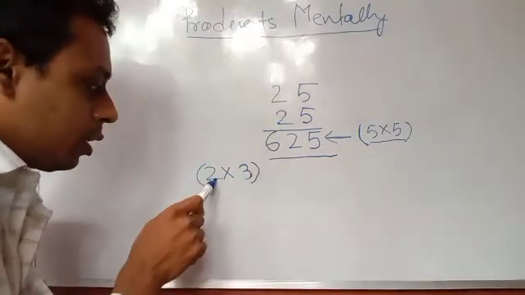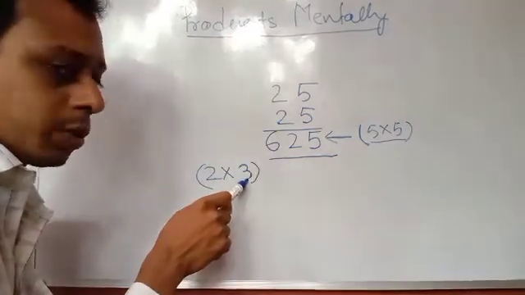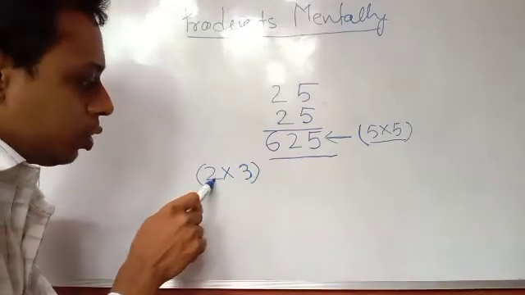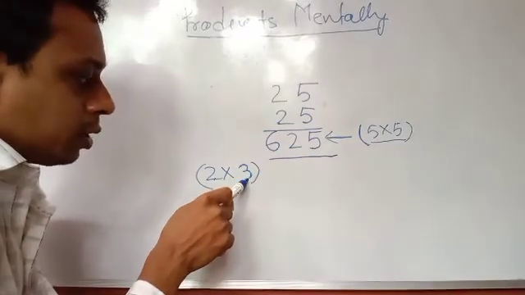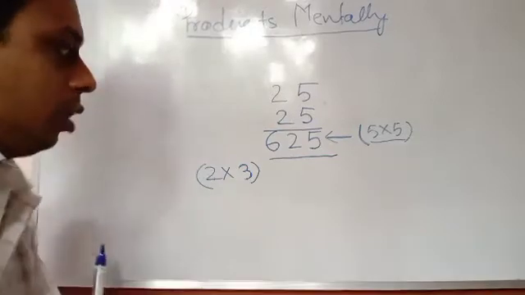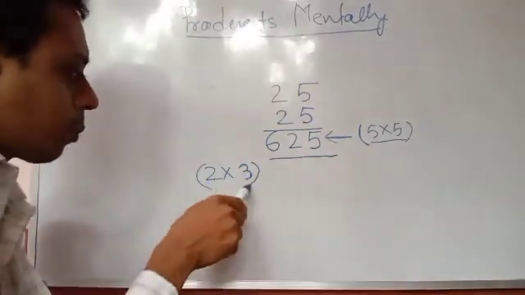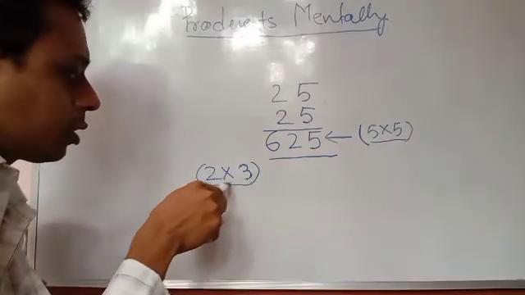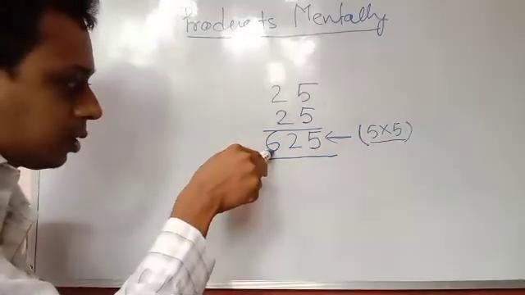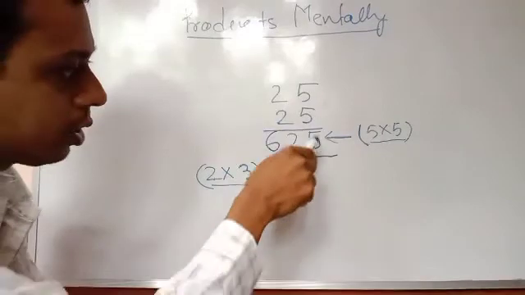If it is 3, then 3 into 4, successor of 3 is 4. Like this way, 2 you multiply by 3, that means successor of 2. Now after multiplication, what product you will get? 2 into 3, 6. That 6 you have to write here. Then you will get the product.